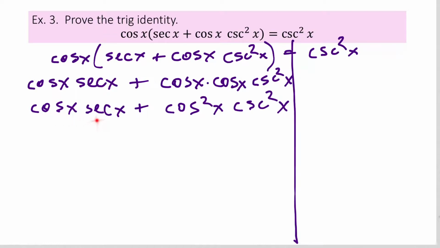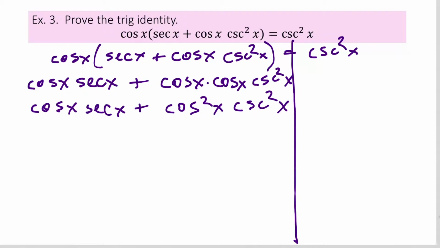Now when I look at this, I can see that I have a mixture of various things. I've got a secant, a cosine there, and a cosecant. So this is a good example of when you would want to change everything over to sines and cosines. So I've got cosines here. I can change the secant and I can change the cosecant squared. If you do this many times, you're able to advance the proof along a little easier. So I'm going to go ahead and do that.